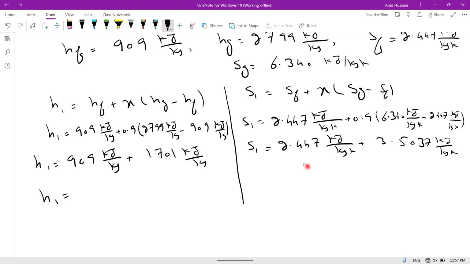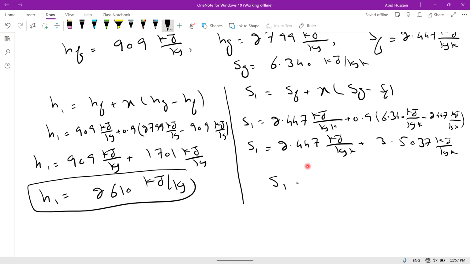So final value of H1 will be equal to 2610 kilojoule per kg, and the value of S1 is equal to 5.9507 kilojoule per kilogram per Kelvin.